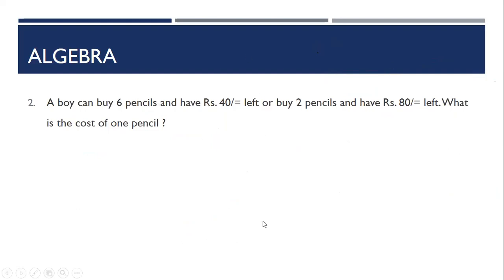Here is question 2. A boy can buy 6 pencils and have 40 rupees left. Or he can buy 2 pencils and have 80 rupees left. What is the cost of one pencil? So here there are two conditions. He can buy 6 pencils and have 40 rupees left, or the second option is he can buy 2 pencils and have 80 rupees left.